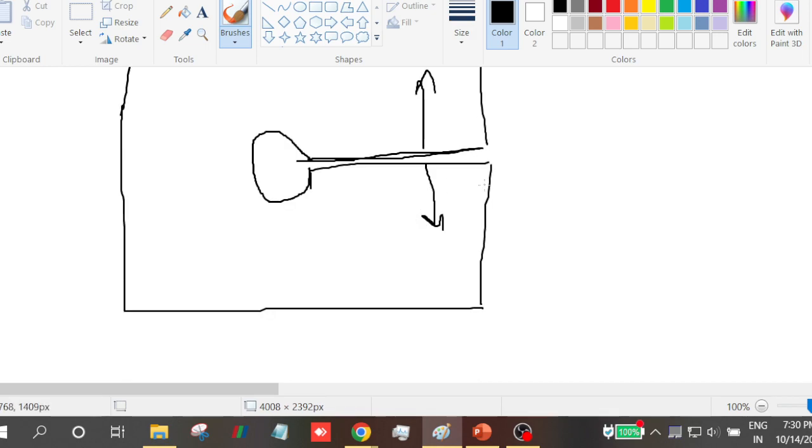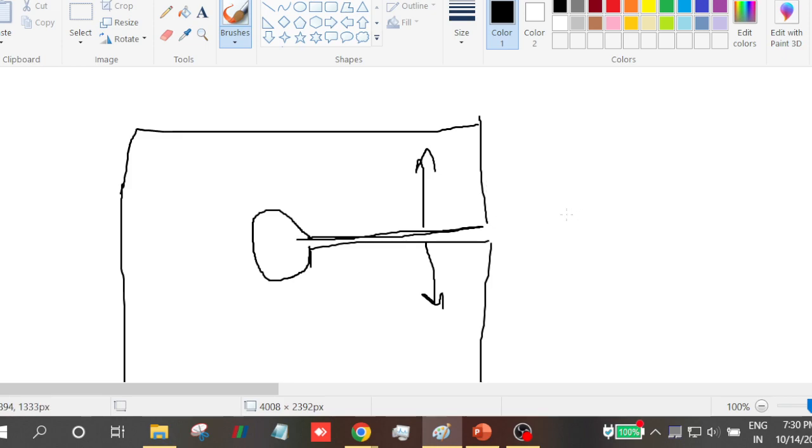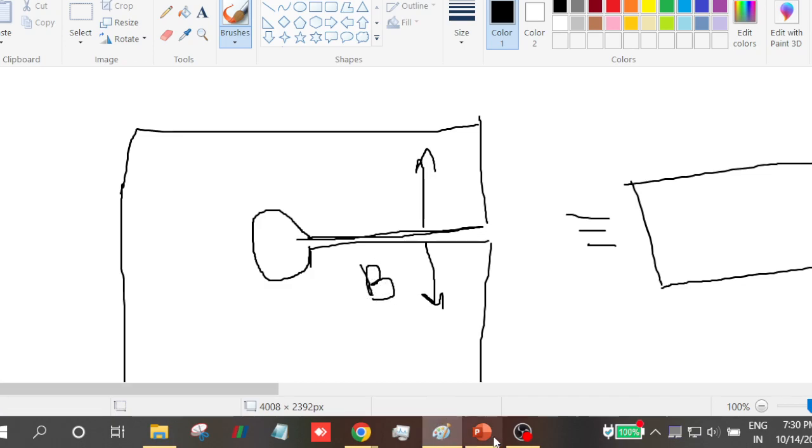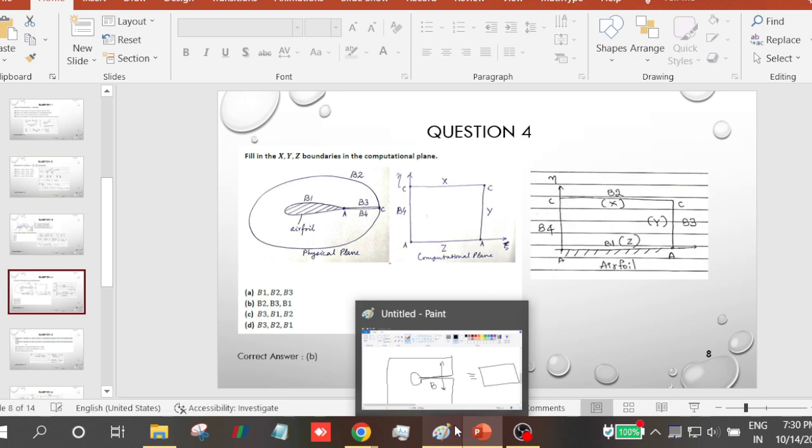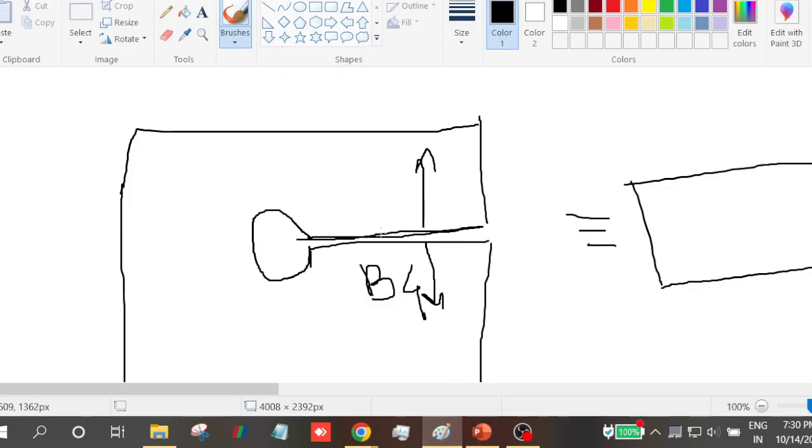So mainly this is our particular physical domain of interest. Now we want to convert it into a simple Cartesian, rectangular domain. Let us take the same labels as in the question: B4, B3, B1, B2. So when I move B4, it will come to the left hand side.